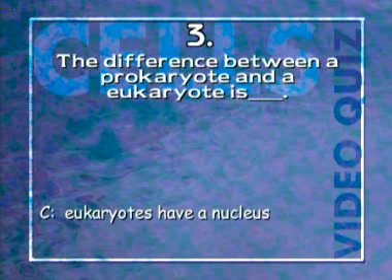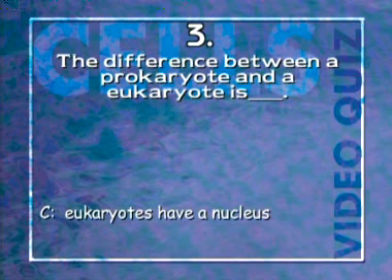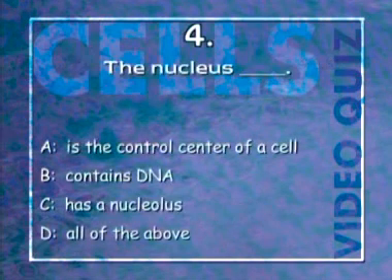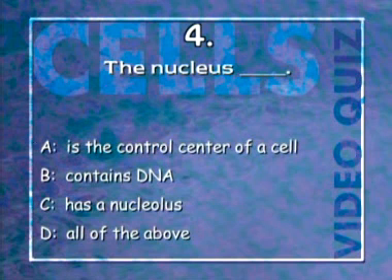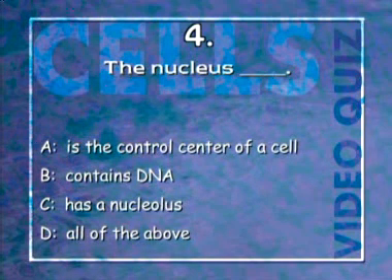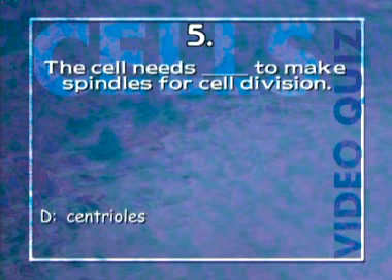C. The difference between a prokaryote and a eukaryote is eukaryotes have a nucleus. Question 4. D. The nucleus is the control center of a cell, contains DNA, and has a nucleolus. Question 5. D. The cell needs centrioles to make spindles for cell division.